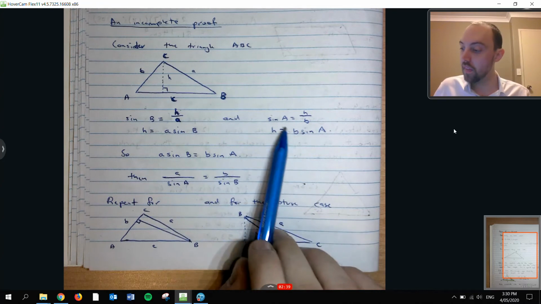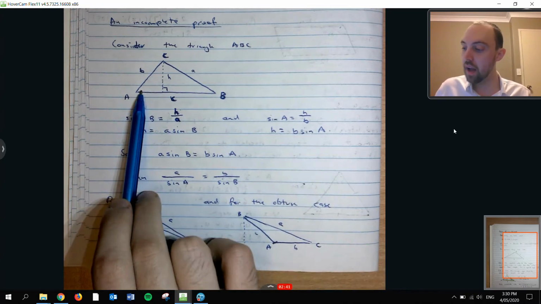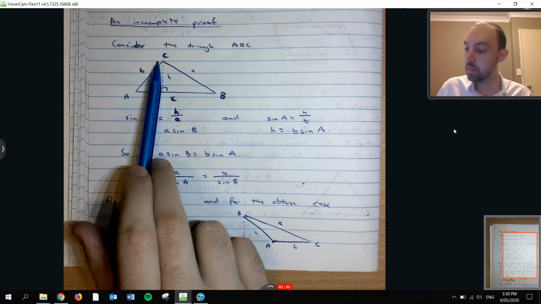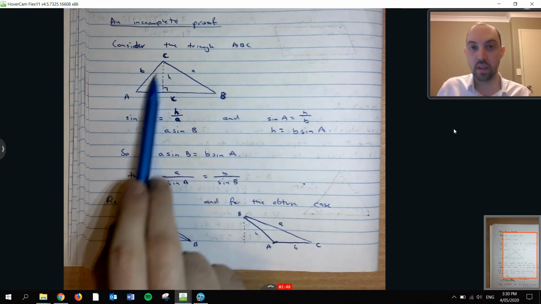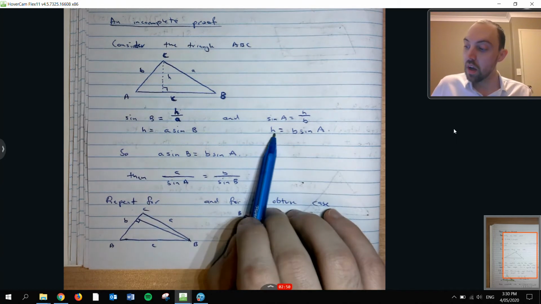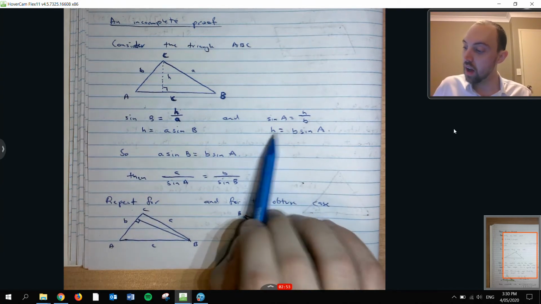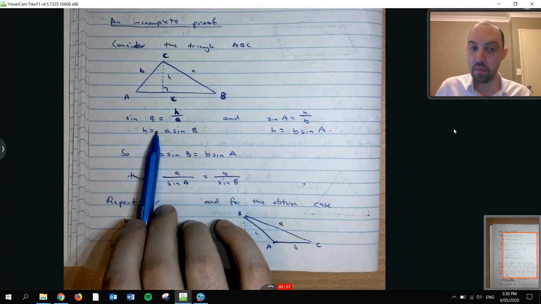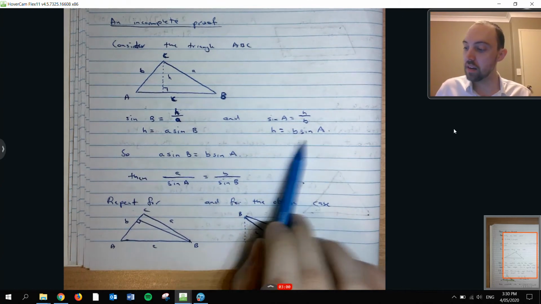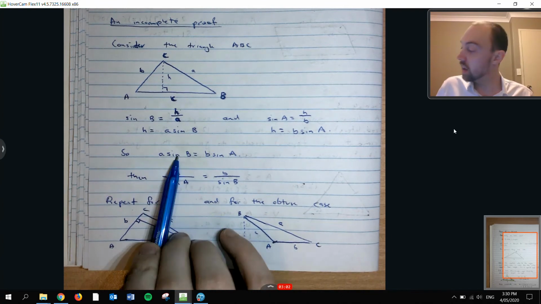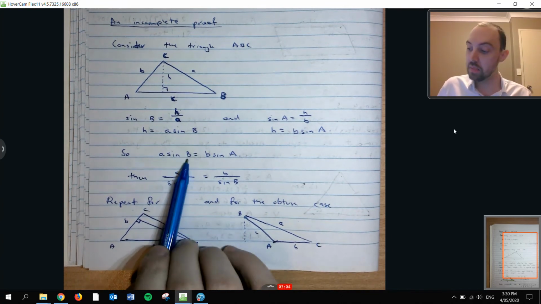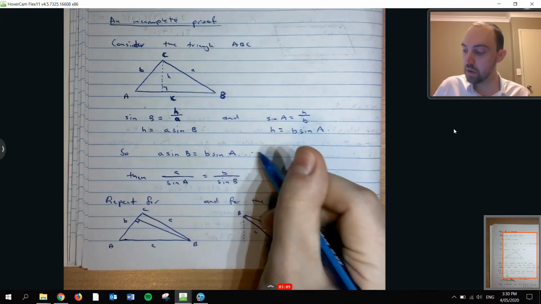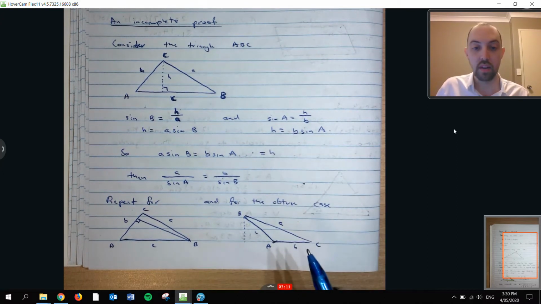On the other side, we're doing this from the angle A, so sine A is its opposite, still the height, on its hypotenuse, b over here. So, again, height is equal to b sine A. Now, these are both expressions of the height, so they are equal to one another. a sine B is equal to b sine A, and they are both equal to h if you wanted to have that on the side there.